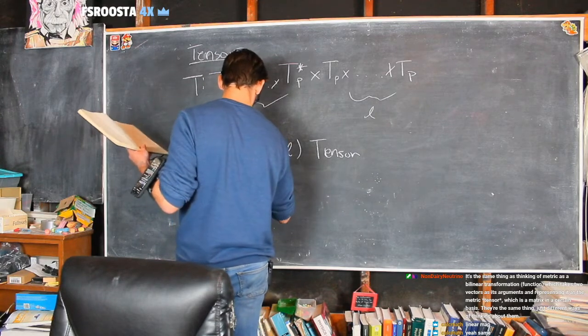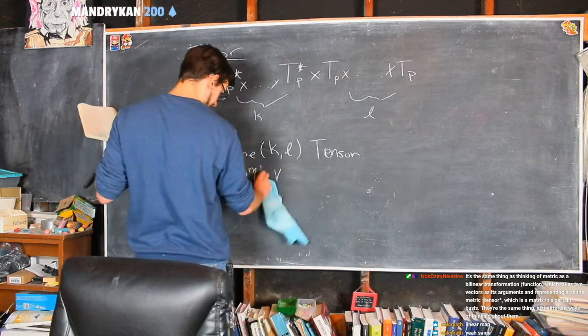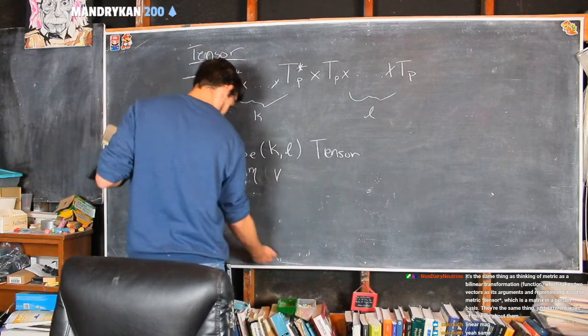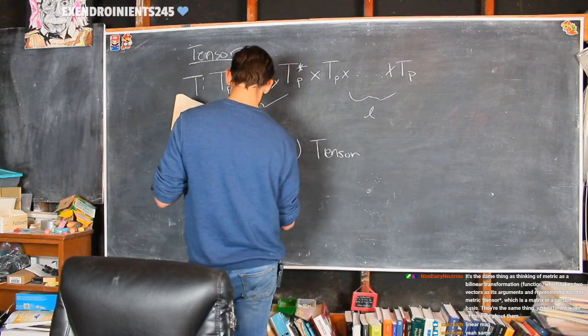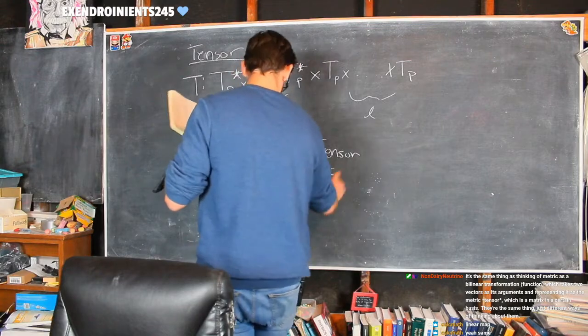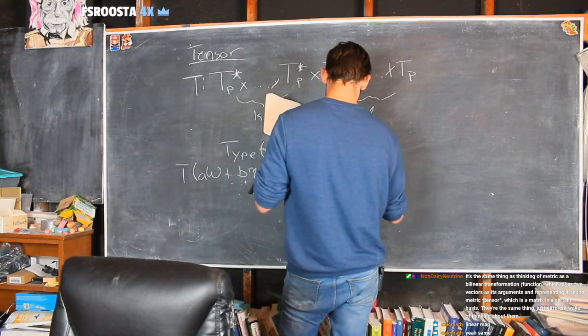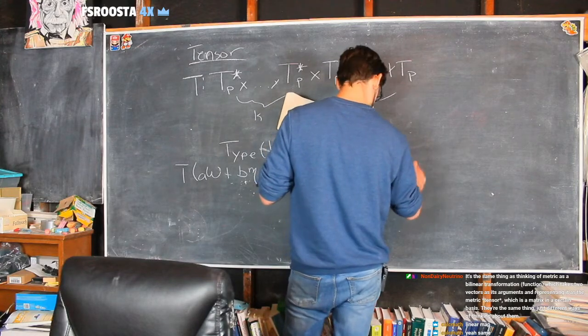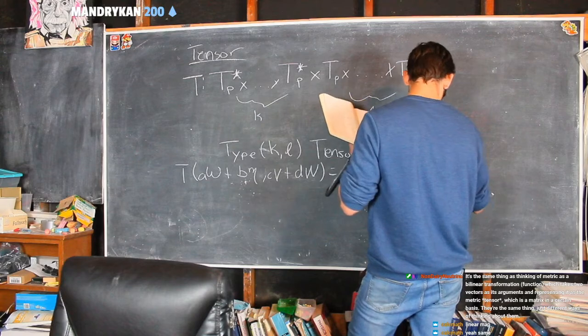This is a simplification you can do with this multilinear mapping: (cV + dW) is the same as pulling out the constants, and then you can write each of these as a different type of tensor.